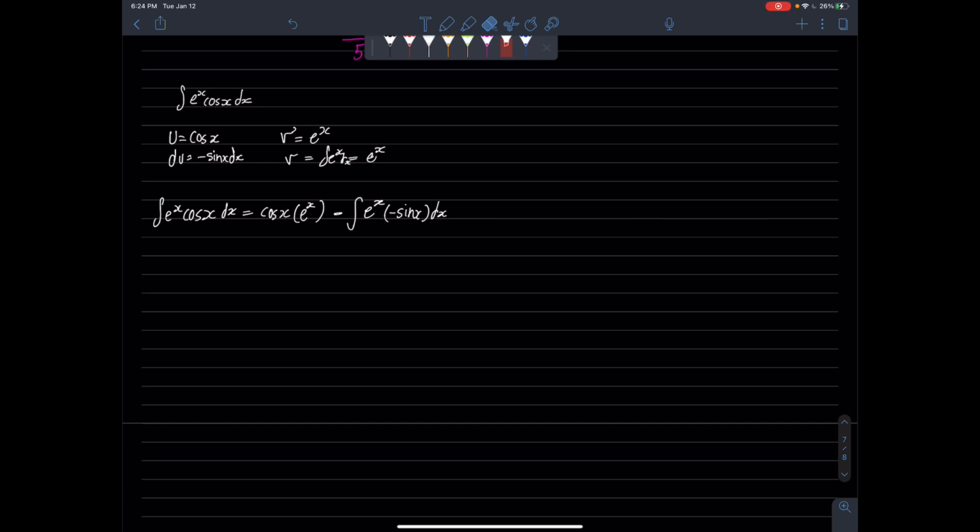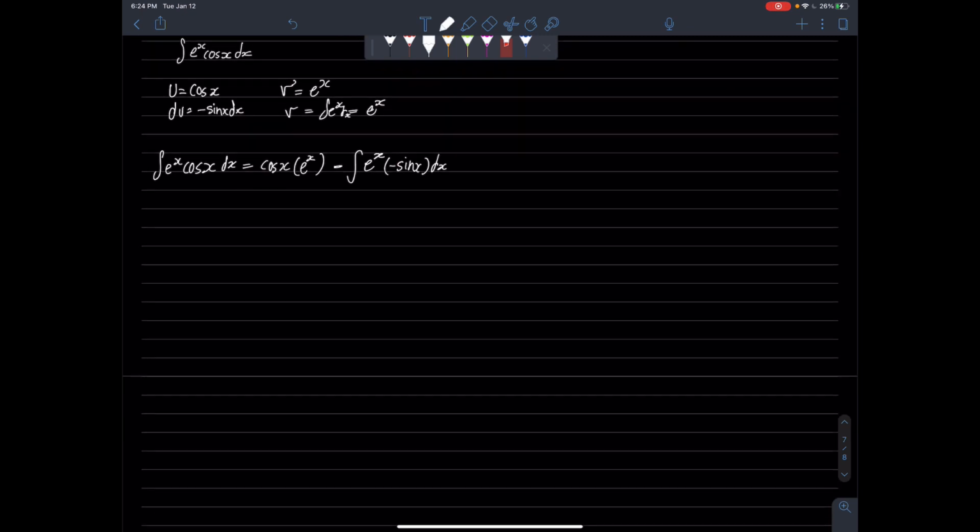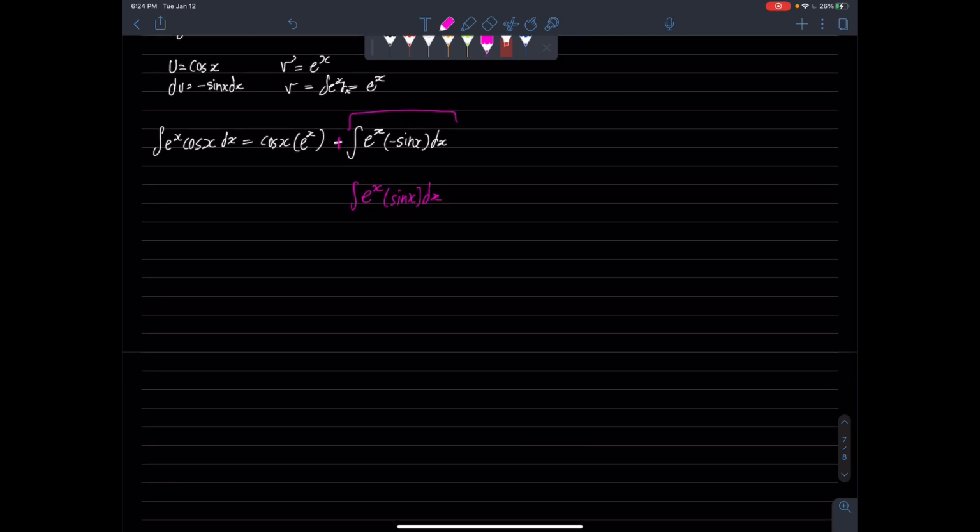Not really. But let's keep going. Why not, right? Let's do it twice. So we'll just forget about that. I'm going to do this in a different color. So now our new integral is e to the x times sin x dx. Let me distribute the negative so it's easier. Similarly, we have a trig function, so let's set u as that. Sin x, du is going to be cos x dx.